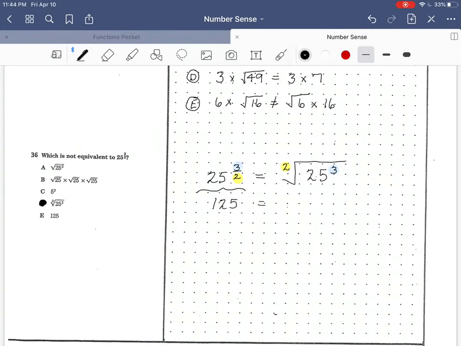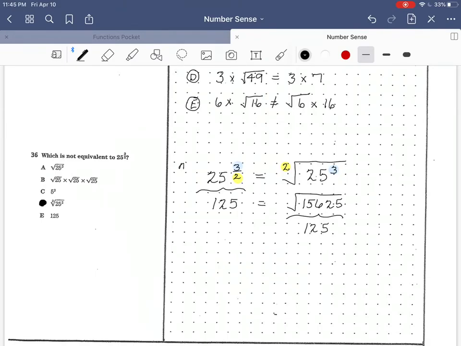And then this, you will see, 25 to the 3rd power is a huge number. And then if you take the square root of that number using Shift X2, you end up with 125. So mathematically I can prove that those are the same. And that's actually option A. We know that it is equal.